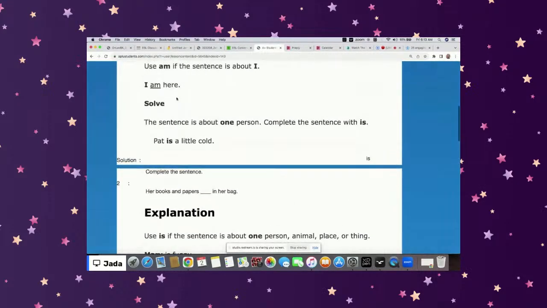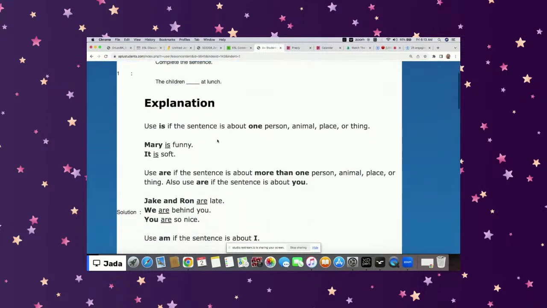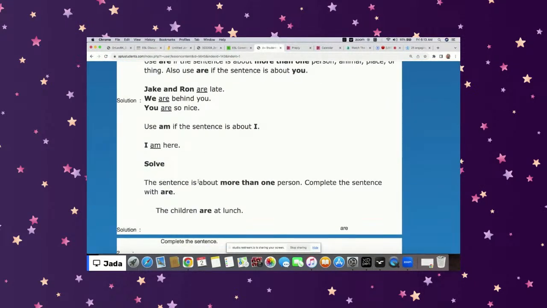All right, so let's look at some more examples before we move on to the test. The children dash at lunch. Now, children is more than one, right?